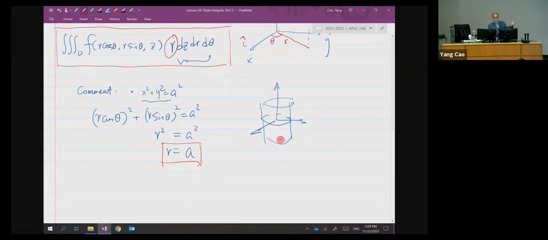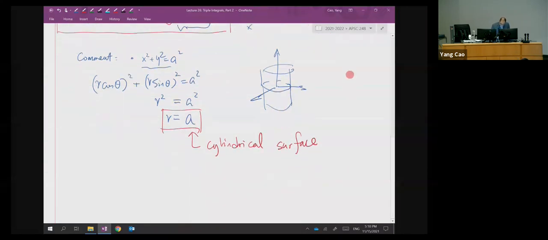That makes sense? That's basically my point, how you can establish the reflection when you look at an expression like r equal to a. And so this gives you a cylindrical surface.